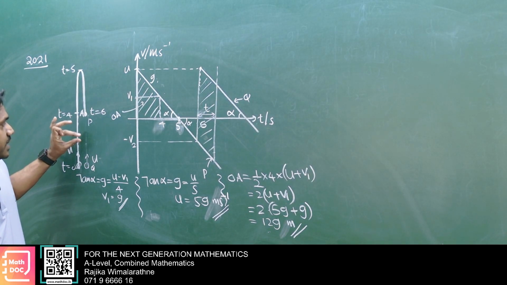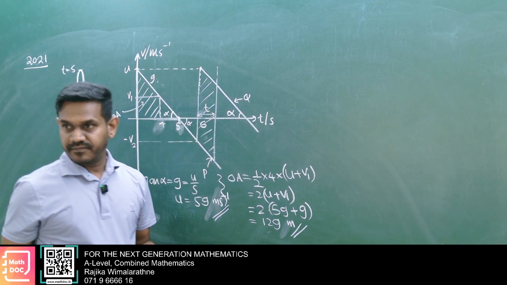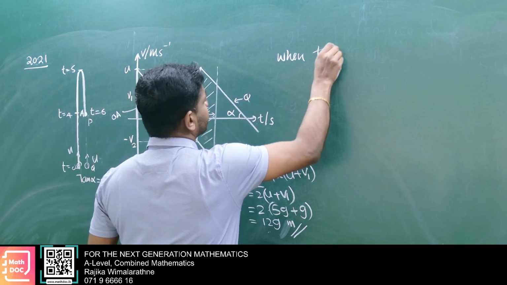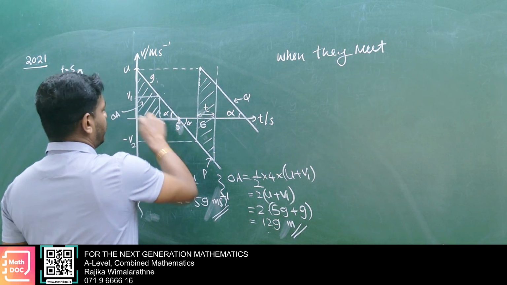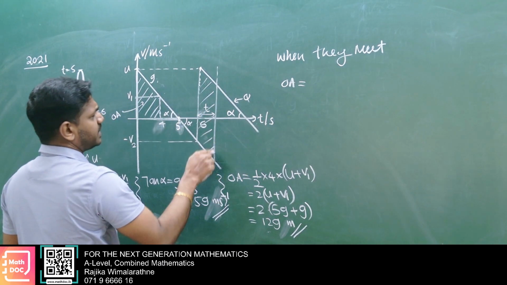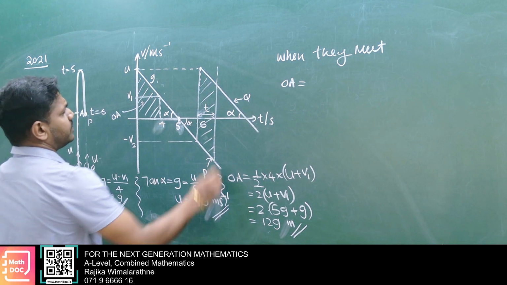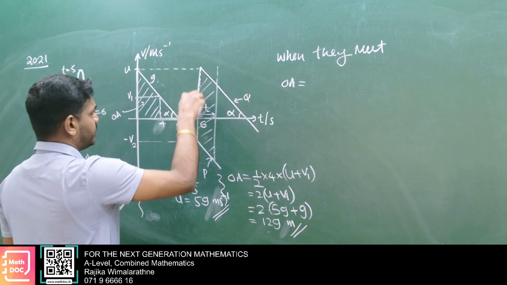When they meet, their total displacement is OA. Here OA displacement is this area. Here u, no?